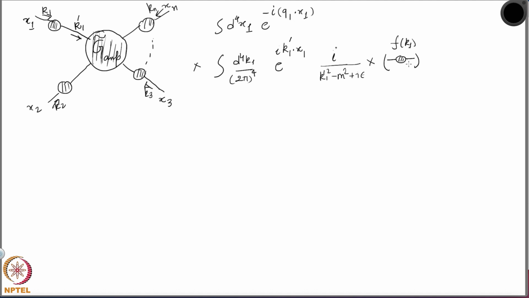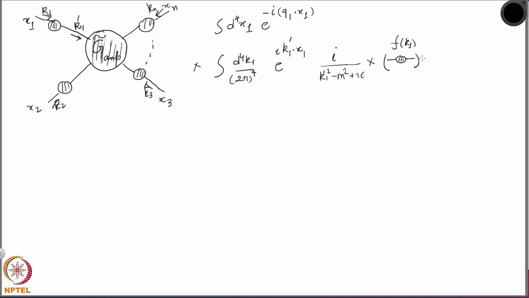It will depend only on this momentum k1, because that's what enters in here, and all other momenta that you will have inside will be dummy, they will be integrated over. Because of the momentum conservation at each vertex, the only momentum on which this object will depend is k1.